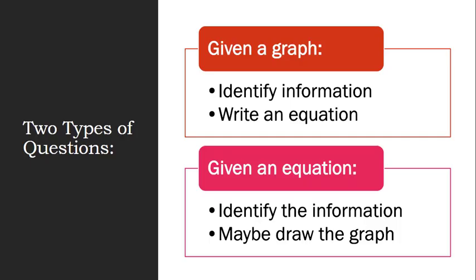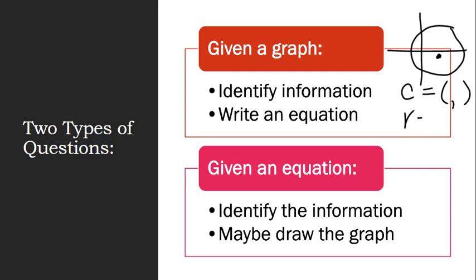Okay, there are 2 types of questions on your test. So if you're retaking this, the first type is when you are given a graph. So if I'm given a graph and I have a circle, the first thing I need to do is identify the information. What is the center? And then what is the radius?